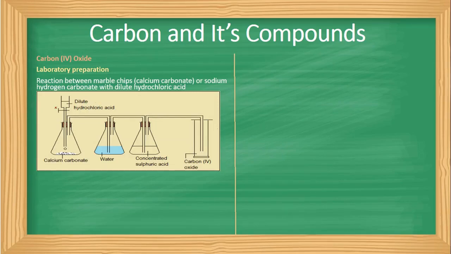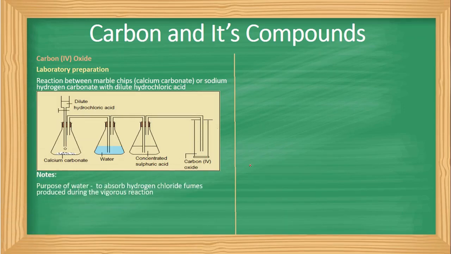The setup is as per the diagram presented here. You can see dilute hydrochloric acid goes down through this funnel and reacts with the calcium carbonate down here. So a gas is produced which is passed through water and then through concentrated sulfuric acid, then collected through downward delivery.